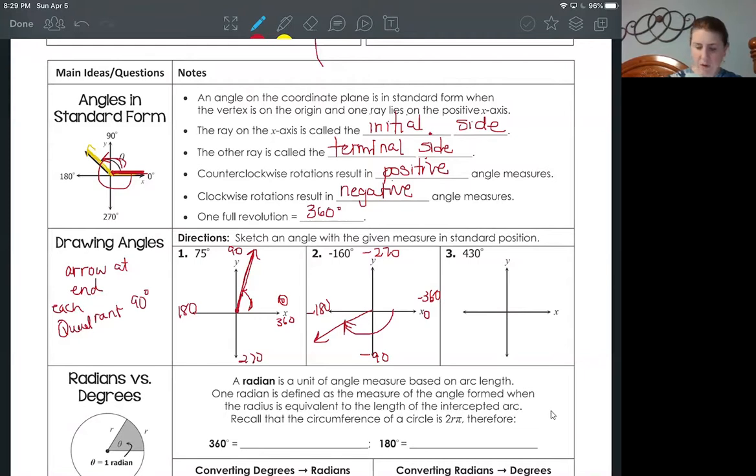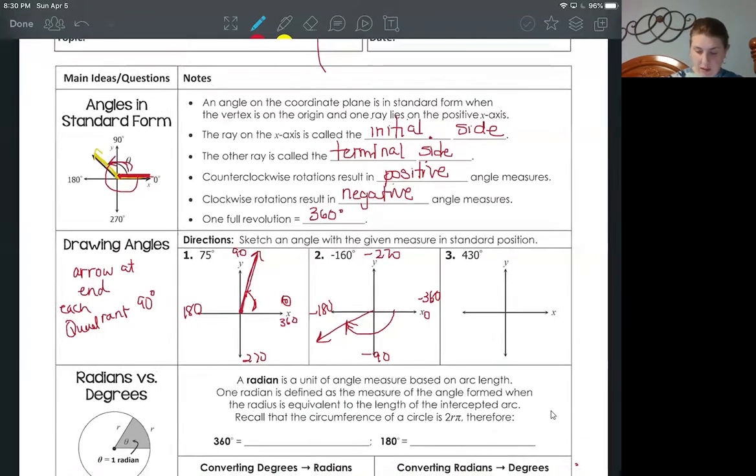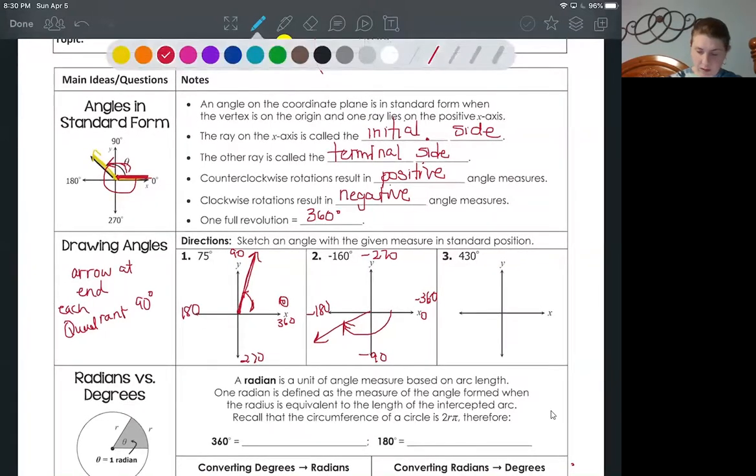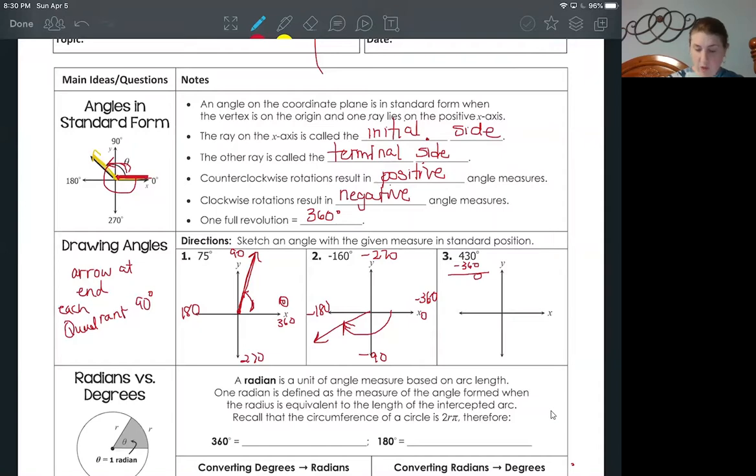And then lastly, 430 degrees is going to go in a positive rotation. However, it's going to go around more than once. That's bigger than 360. So we have to figure out how much that is. If I just take away 360 here, what will we get when we get past 360?